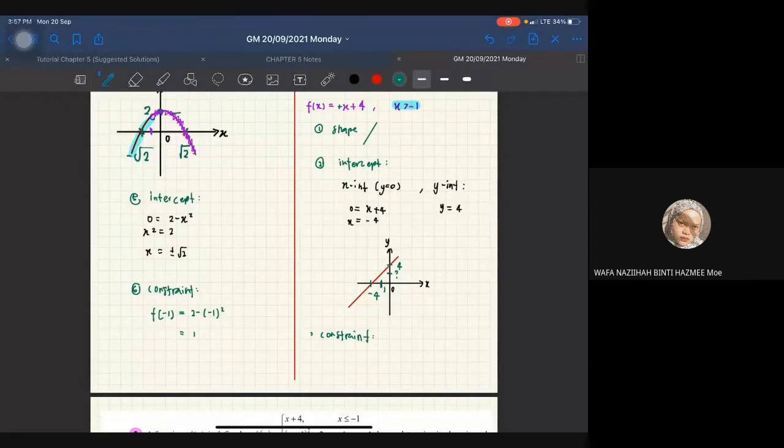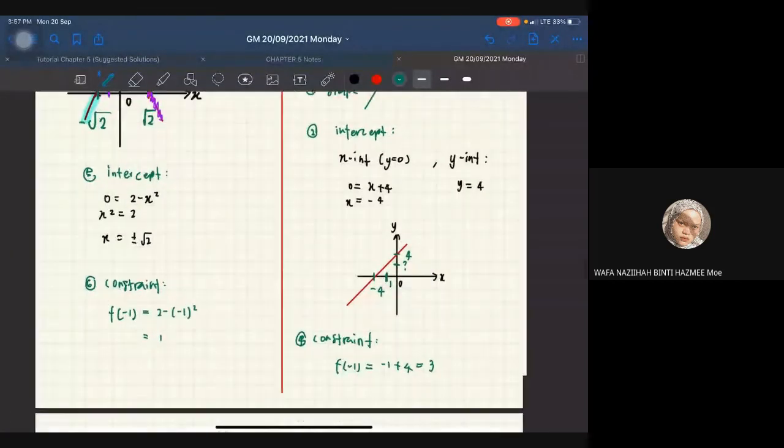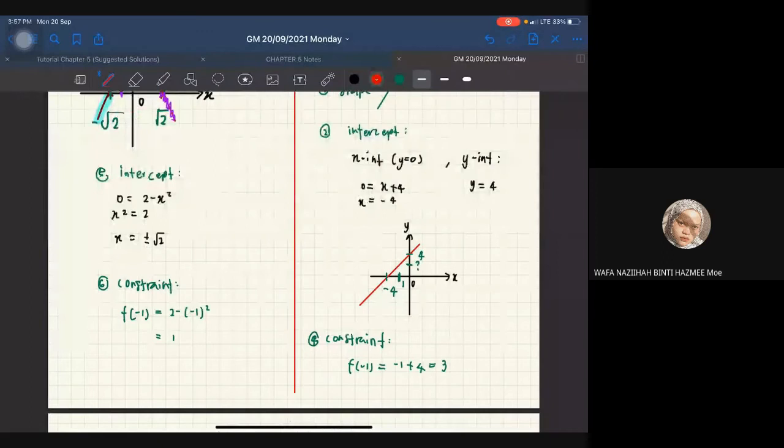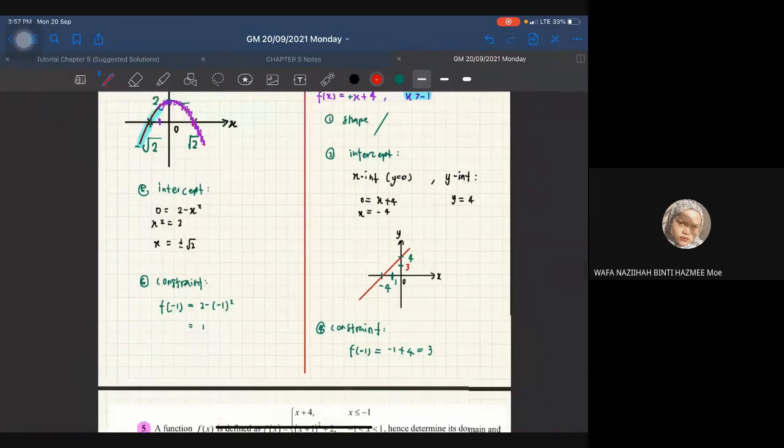This is the fourth step. Okay, and then constraint kita is when x is equal to negative 1. So f negative 1 is equal to negative 1 plus 4, which is equal to 3. Okay, so awak tahu dekat situ adalah 3. This one 3. Saya padam kat sini. This is 3.